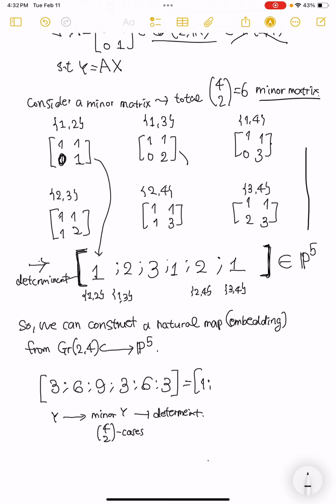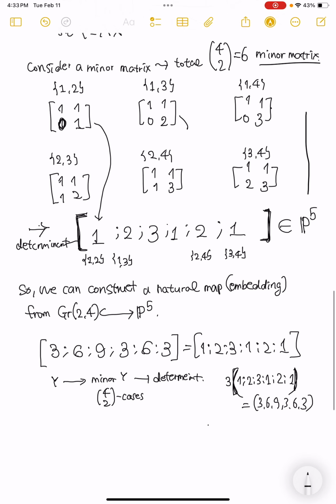That is the same as 1, 2, 3, 1, 2, 1, because we multiply the given coordinates by 3. In real projective space we regard the points as the same.